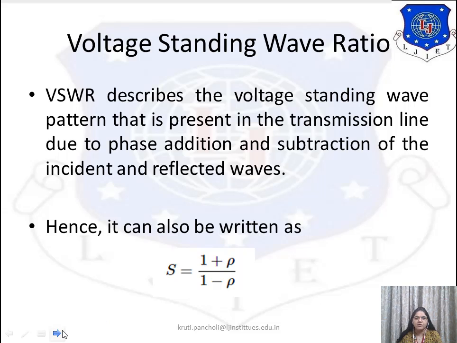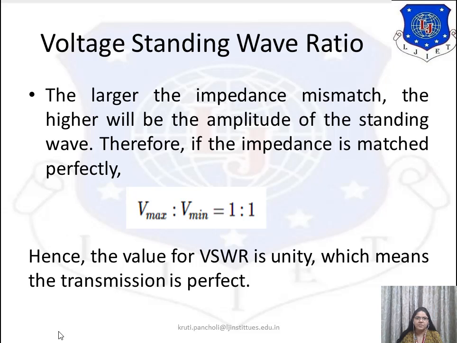So here we have one formula in terms of the reflection coefficient: S is equal to 1 plus rho upon 1 minus rho. Similarly, if the VSWR is given to us, we can find out the reflection coefficient rho.